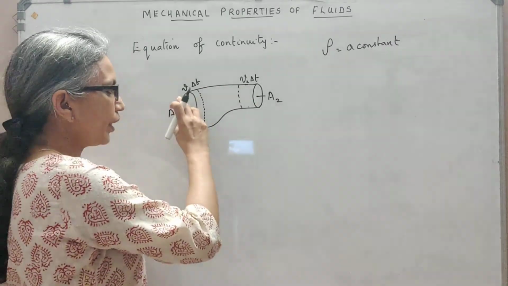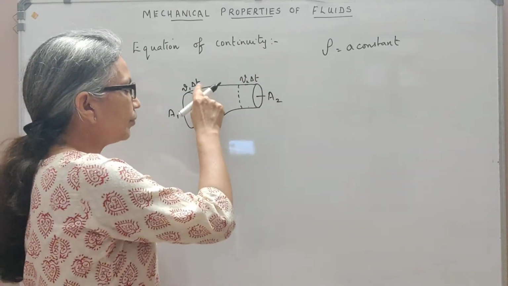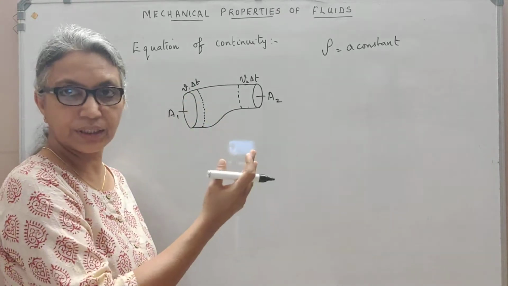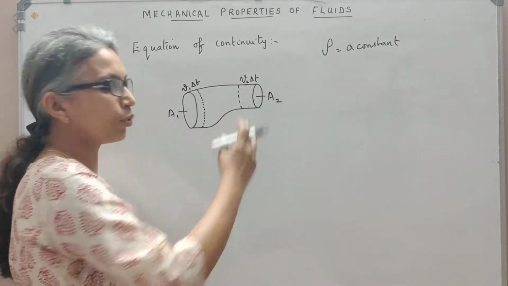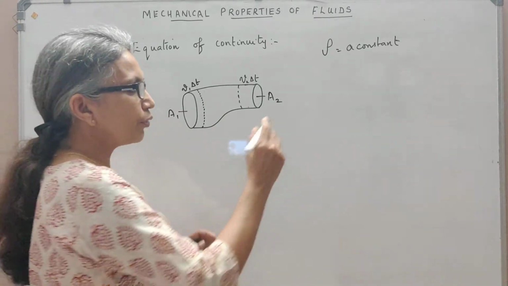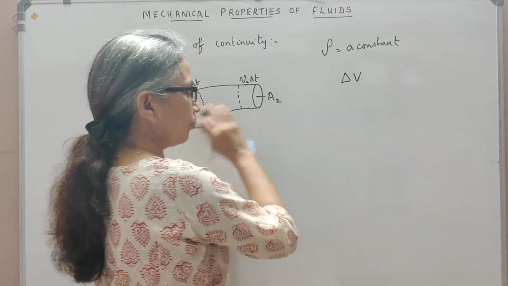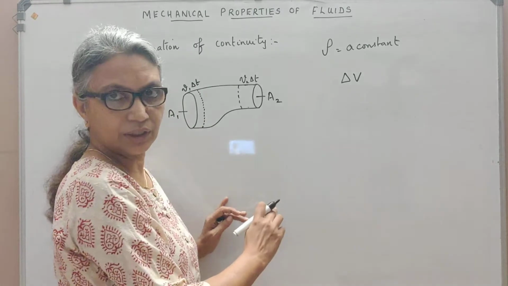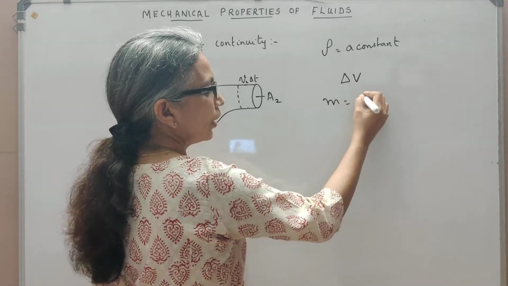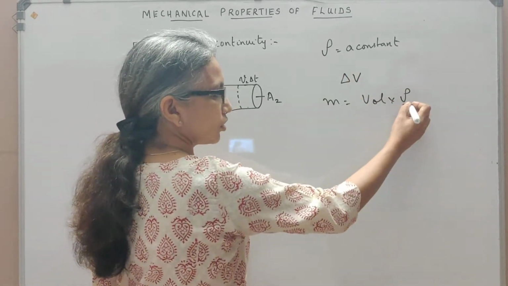Now, as the fluid enters through one end and flows out through the other end, in time delta t, the volume of liquid entering through one end must be equal to the volume of fluid flowing out at the other end in the same time interval delta t. So if the volume entering and the volume leaving, both in time delta t, is delta V, it means that the mass also must be the same, because mass is volume into density, and density is a constant.